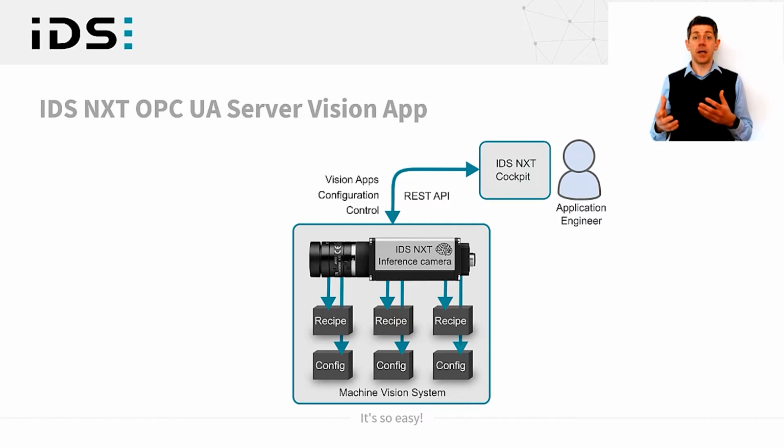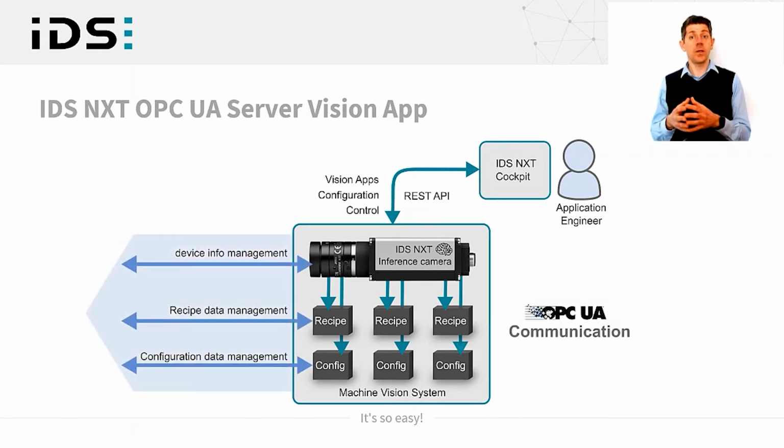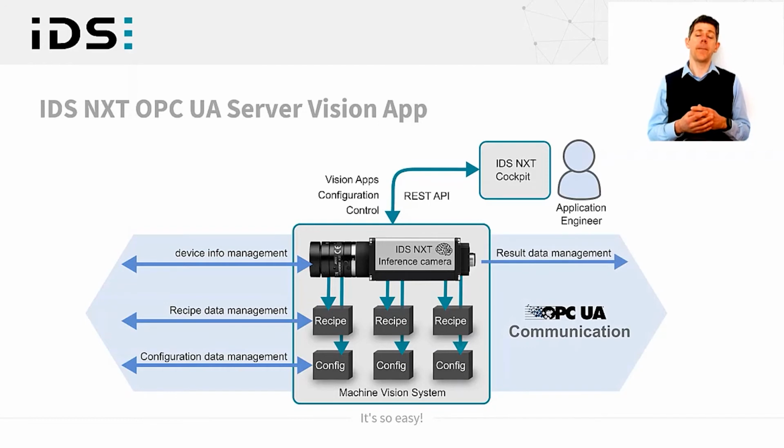And each of these might also require a slightly different configuration to adjust for different lighting levels because of different levels of reflectivity, or for different trigger timing because the packaging may be slightly different sizes. So at runtime, the controlling system can talk directly to the camera via OPC UA to set the prepared recipes and configurations depending on the production program.